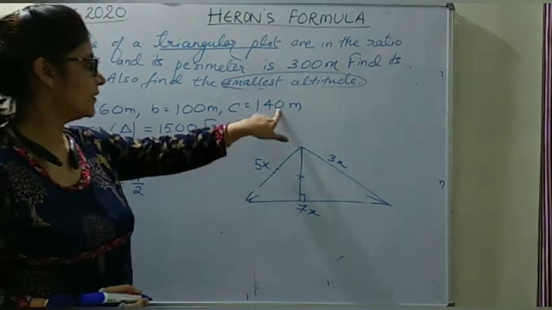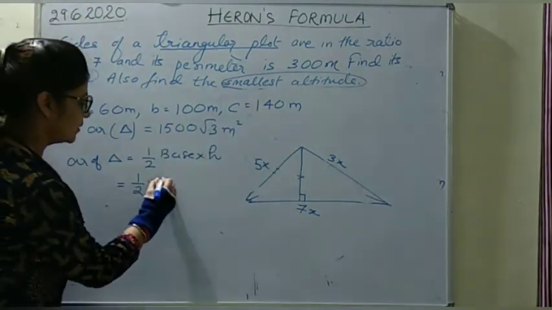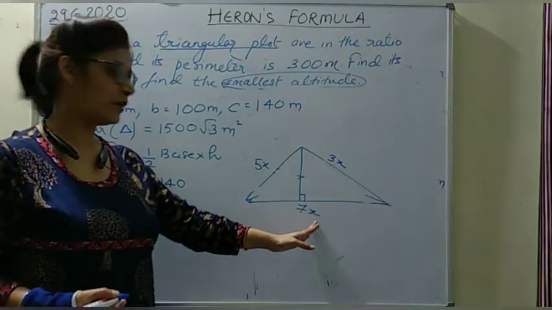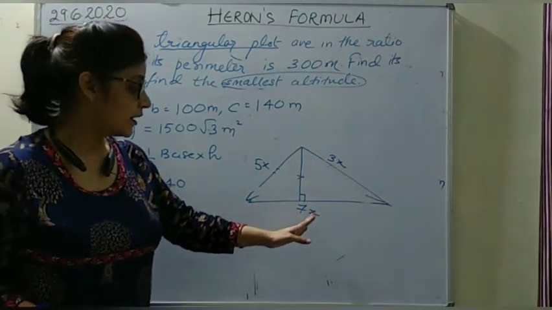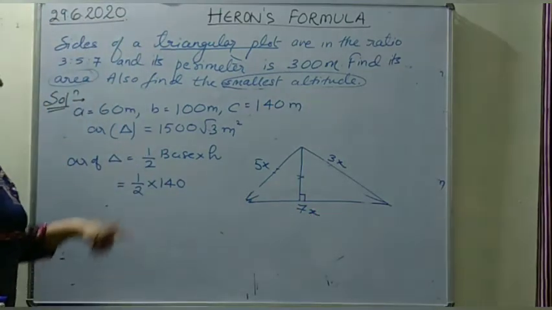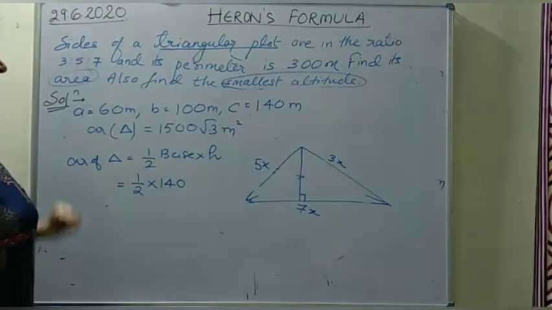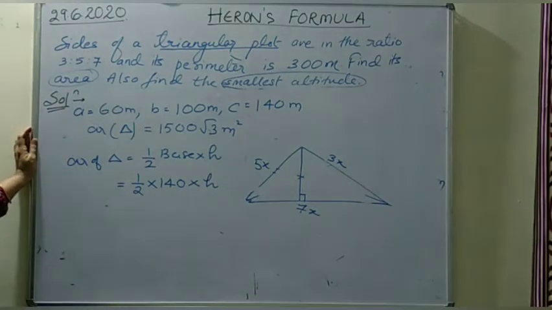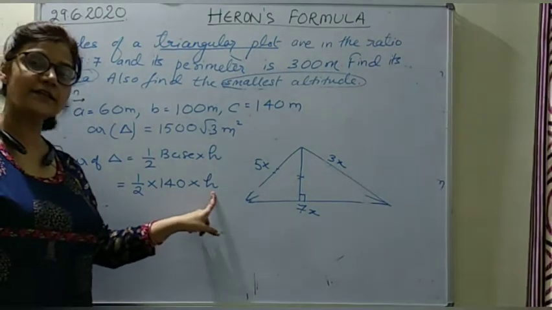And what was 7x? 140. Right? What was the value of x? We put the value of x and we got the base as 140. And we do not have any information about the height. We have to find this height.